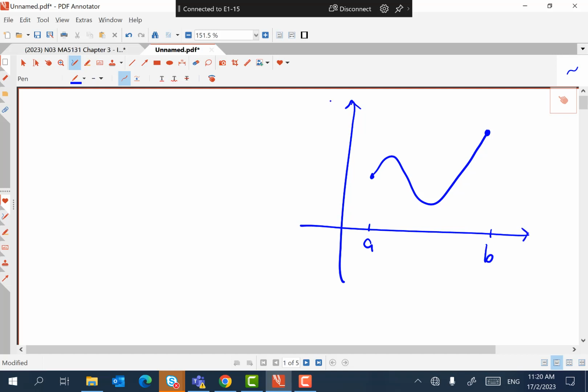In this graph, it has an absolute min, not our mean, but the min, and it has an absolute max. The expression we are interested to look at is actually this. So this is a graph of y equals f(x).